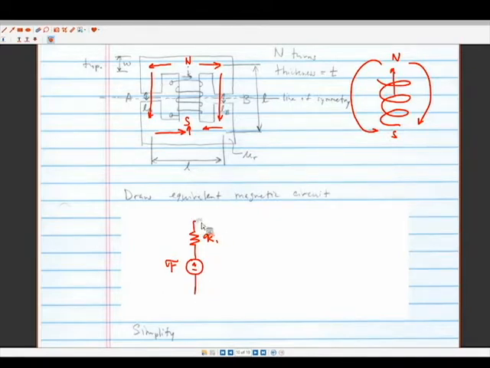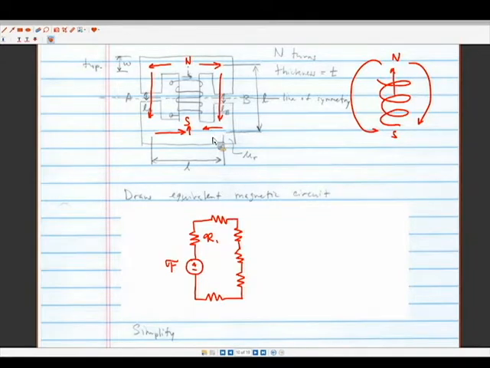And then we're going to have the following elements. So we have reluctance associated with this leg, reluctance associated with the leg going from this junction to the end of this piece right here, reluctance associated with the air gap, reluctance associated with this length, and then reluctance associated with this bottom piece right here.